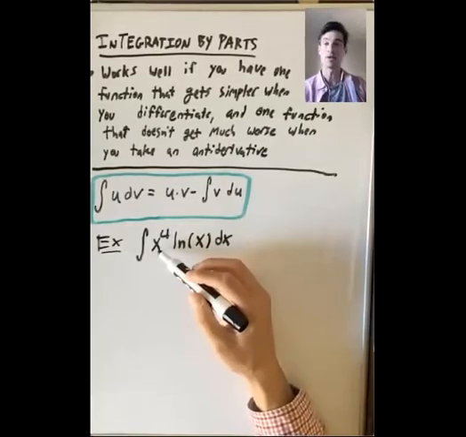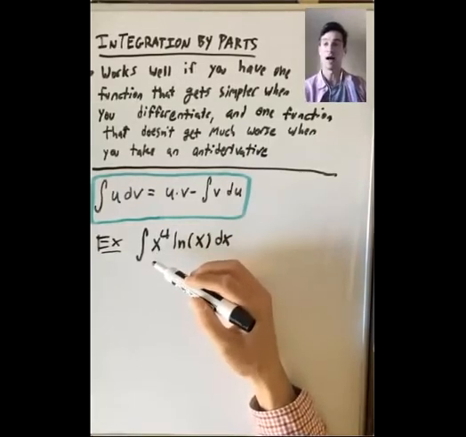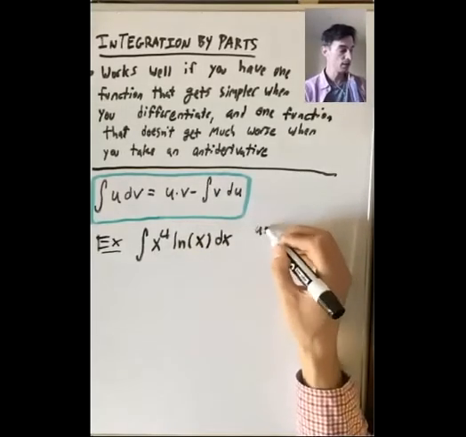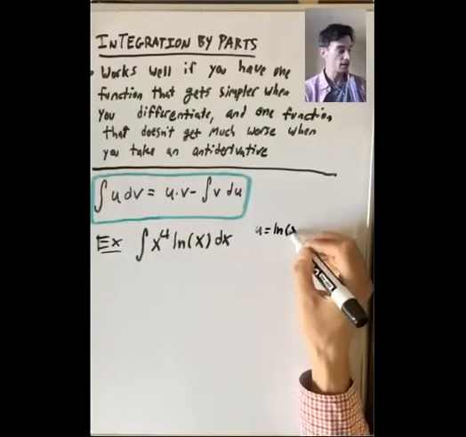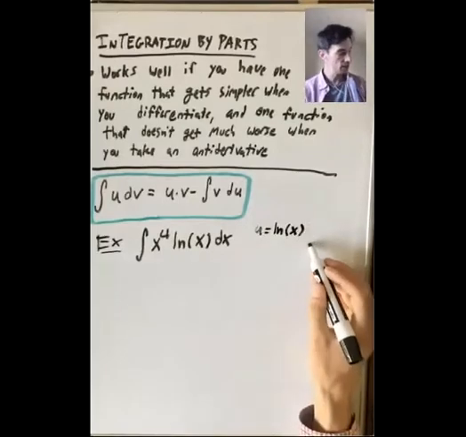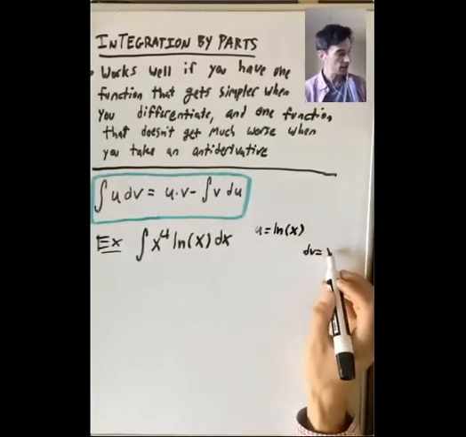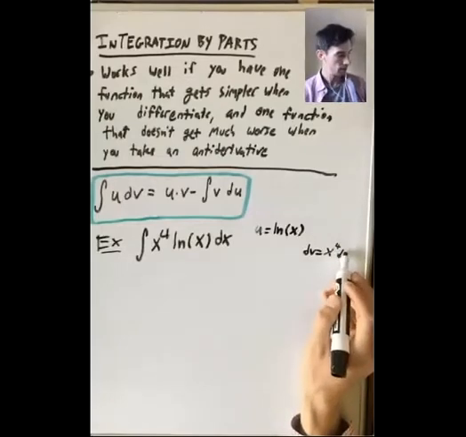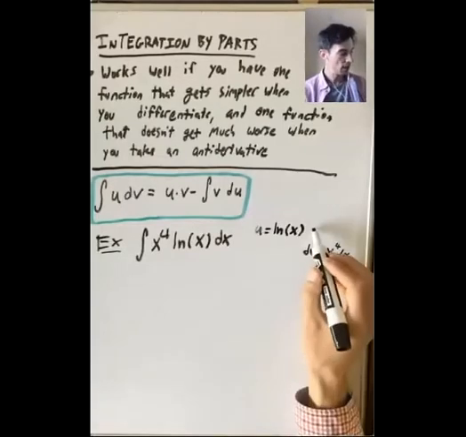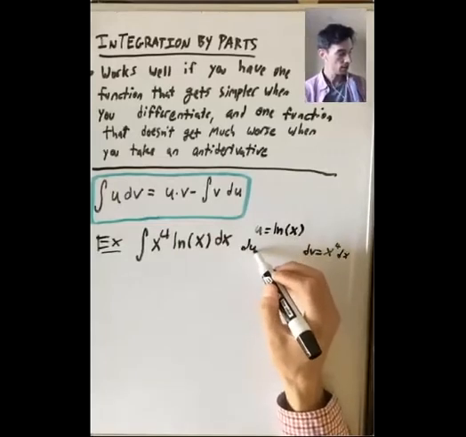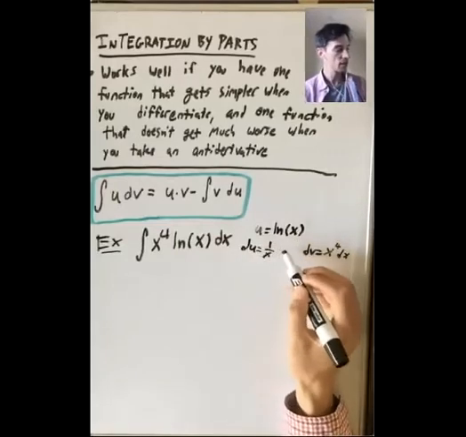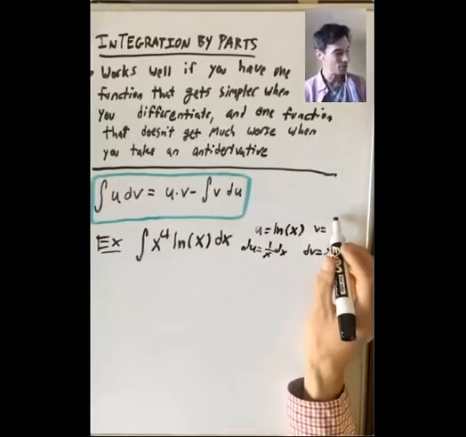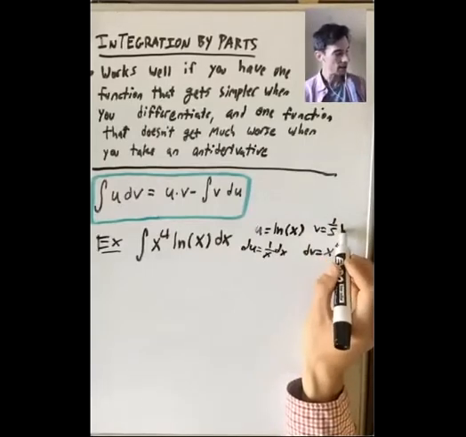That's not simpler than x to the fourth, but it's not a lot worse. So let's try setting u equals natural log of x and dv equals x to the fourth dx. Then du is 1 over x dx, and v is equal to 1/5 x to the fifth.